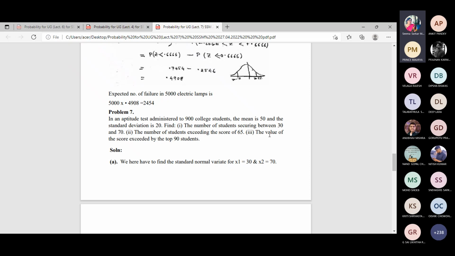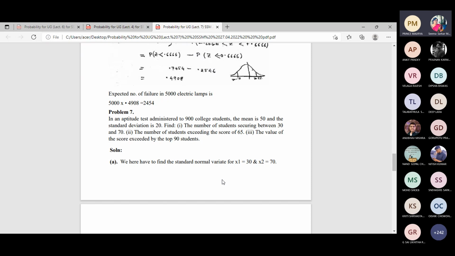That is given. Mean and standard deviation are also given. And another quantity is given, 900. A total of 900 college students are there. Remember that. So out of those 900 college students, how many will get marks between 30 and 70?